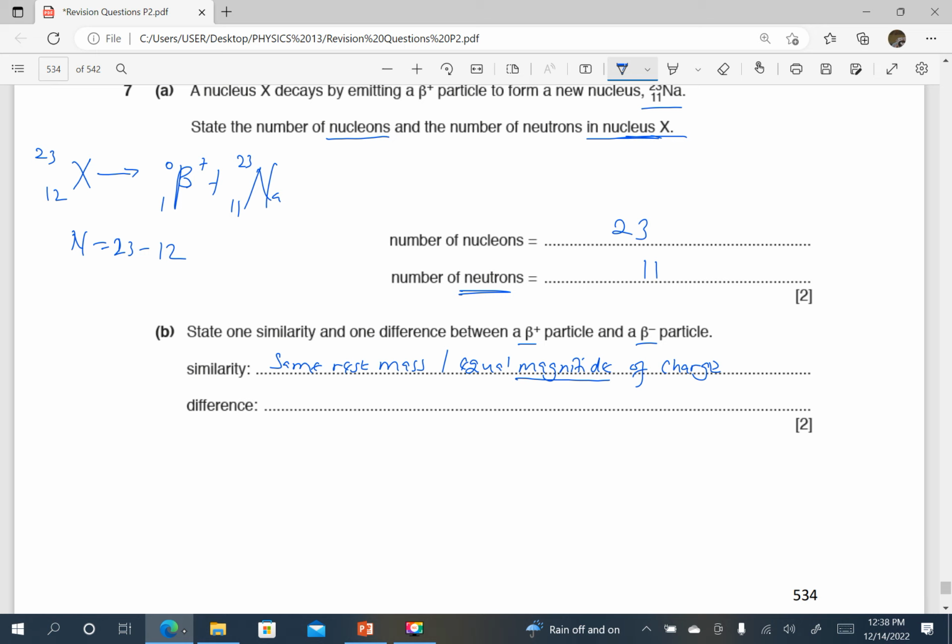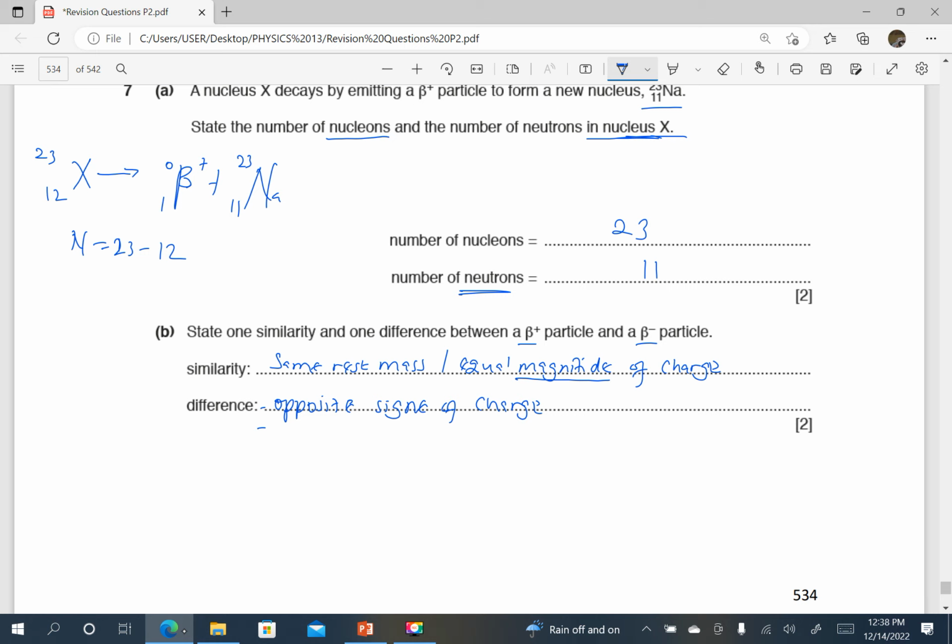However, for differences, they have opposite sign of charge. Beta plus is positively charged, beta minus is negatively charged.